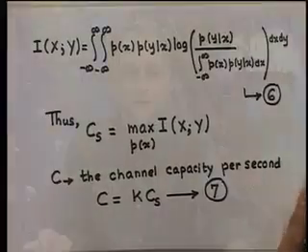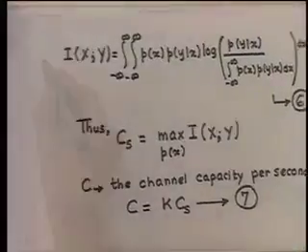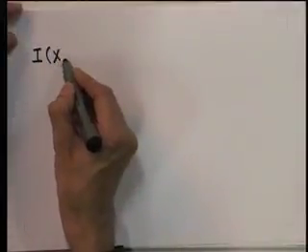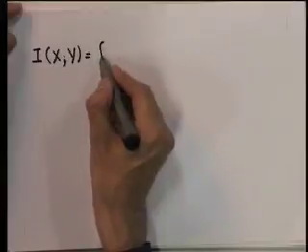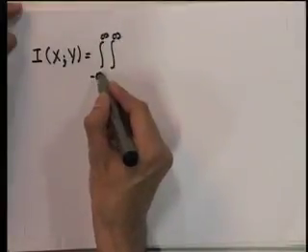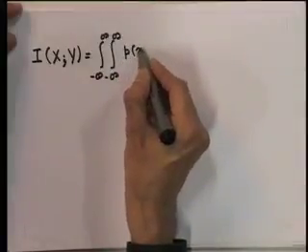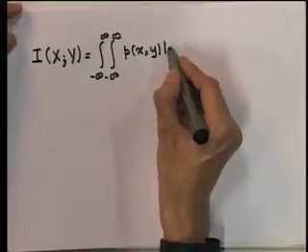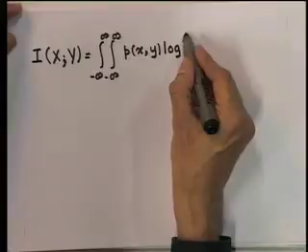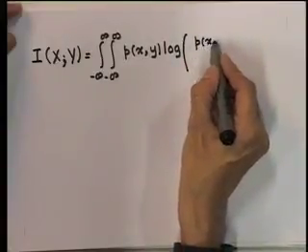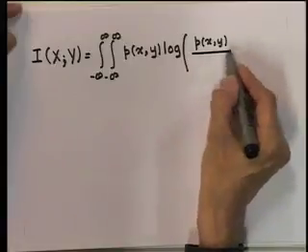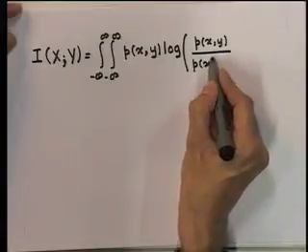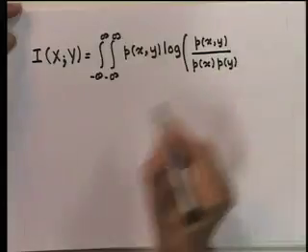This can be seen by rewriting equation 5 as follows: the integral over x and y of joint PDF P(x,y) log of joint PDF P(x,y) divided by PDF P(x) multiplied by PDF P(y).